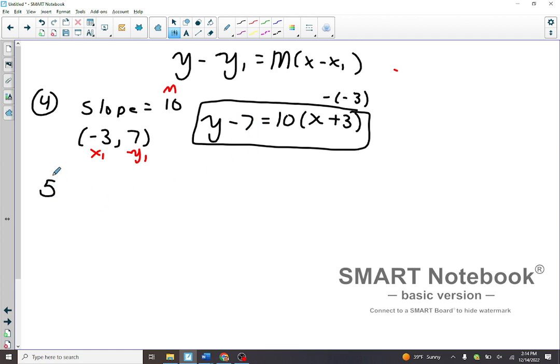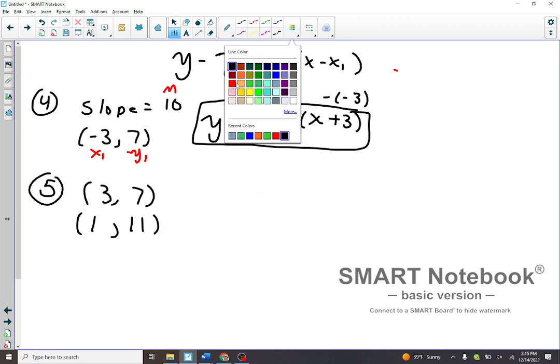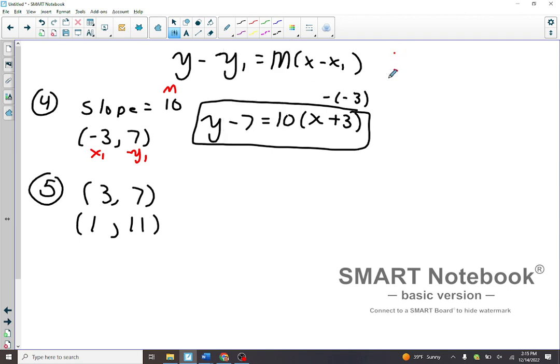All right, number 5. 3, comma 7. And let's do 1, comma 11. In this case, I don't have a slope, so I need to find a slope. So I'm going to call this one x1, y1, and this one x2, y2.